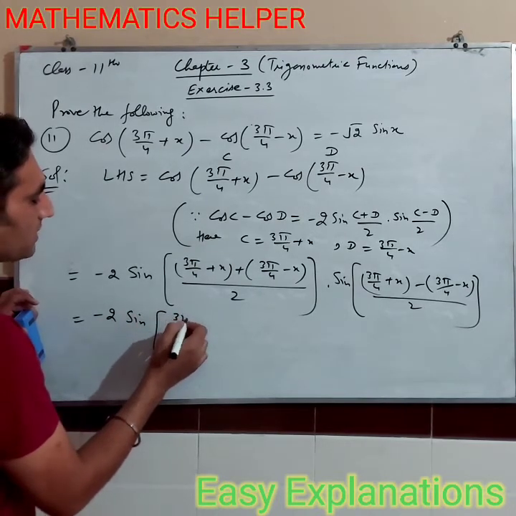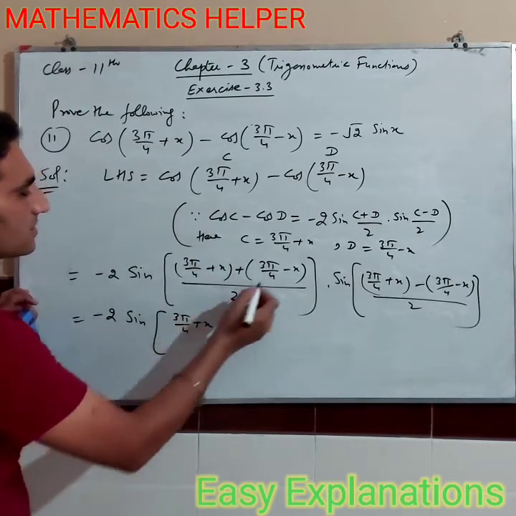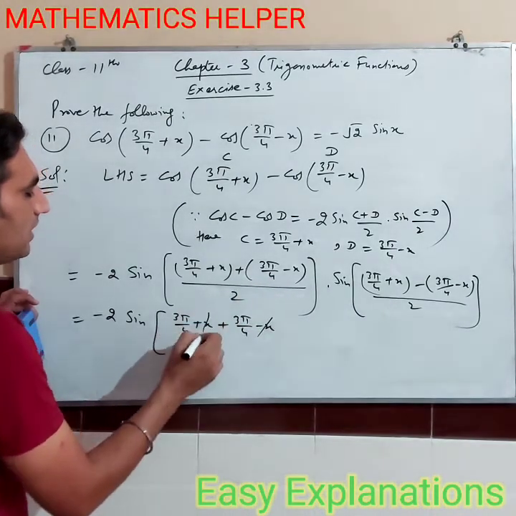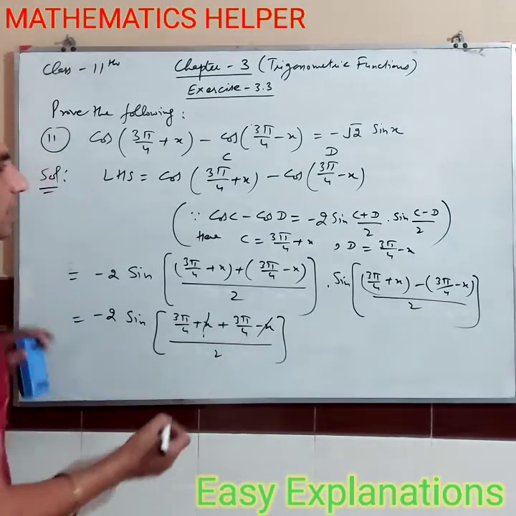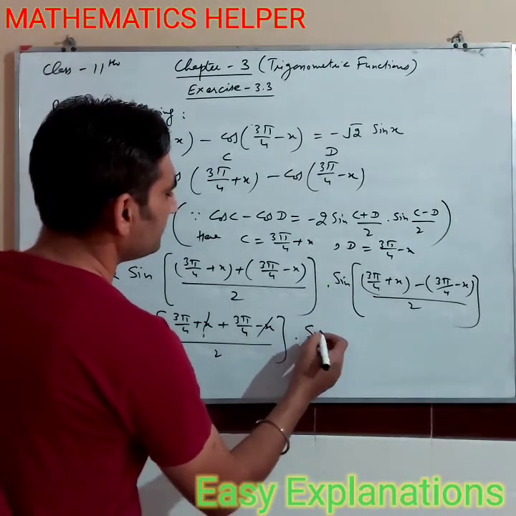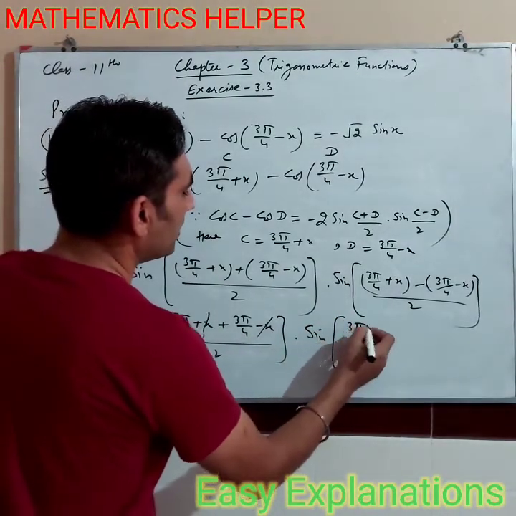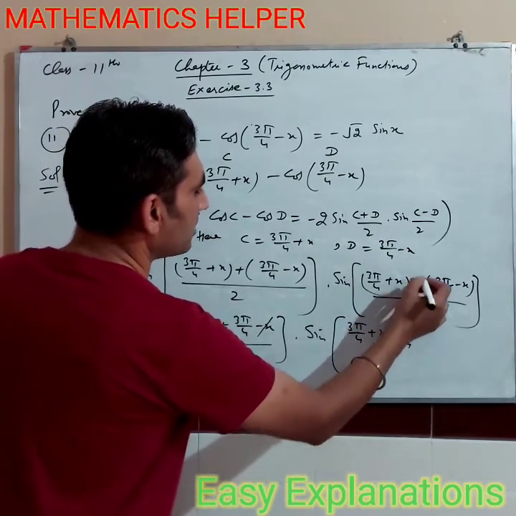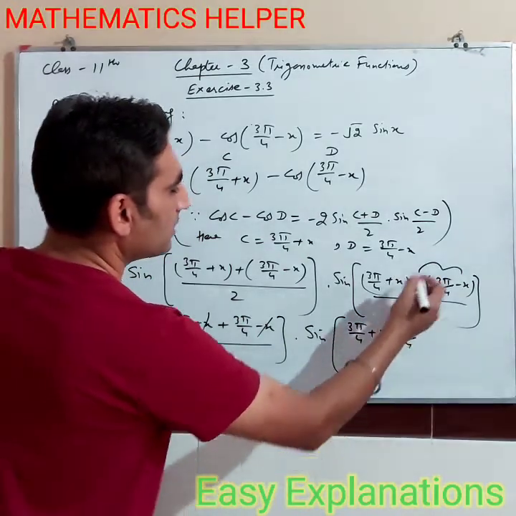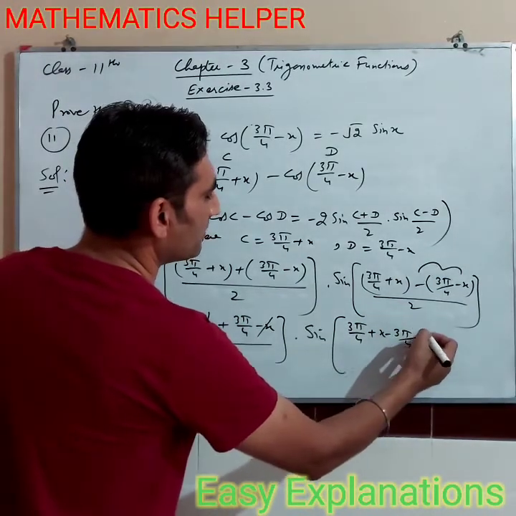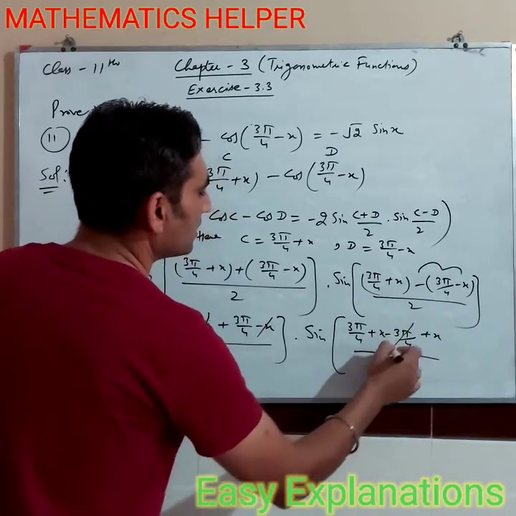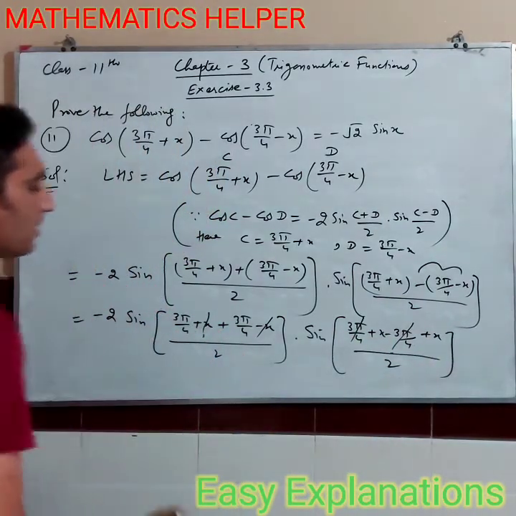If I open, it is 3π/4 + x as it is, plus 3π/4 − x as it is. x cancelled, upon 2. And next we have sin. Open this bracket, it will be 3π/4 + x − 3π/4. Because of the minus sign, we have to change their signs: 3π/4 with plus, minus sign here, minus minus plus x, over 2. In this case, you can cancel 3π/4.